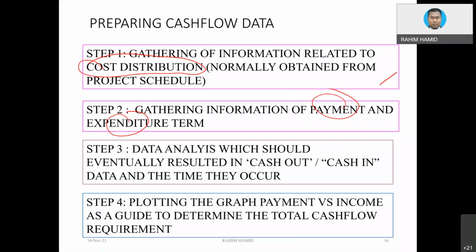And then the issue is, when is the client going to pay you? Okay, if the client says that we are going to process your payment within 1 month, actually they have what we call SOP. Even in government also they have SOP, but SOP is SOP.